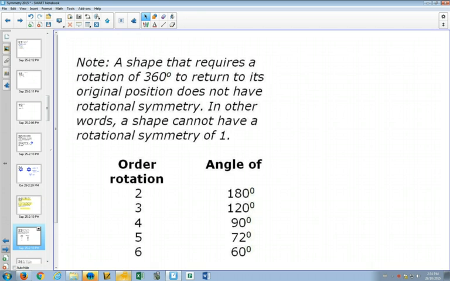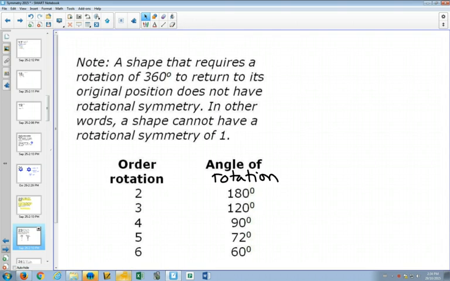We start with a rotational symmetry of 2, and then here are all the angles of rotation. Maybe add the word rotation. And since the object we looked at had an order of rotation of 6, we would say that the angle of rotation would be 60 degrees.